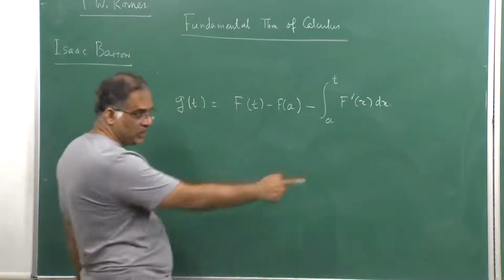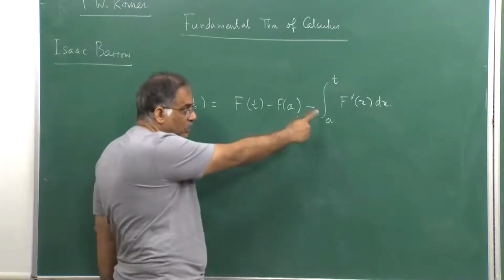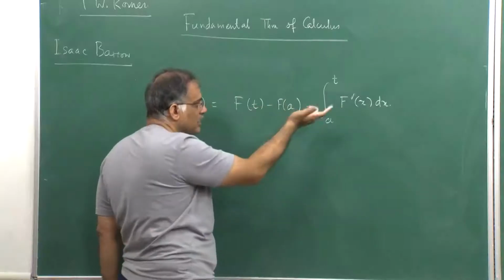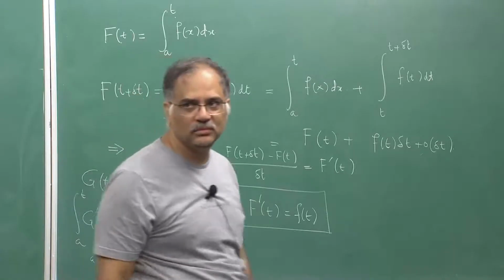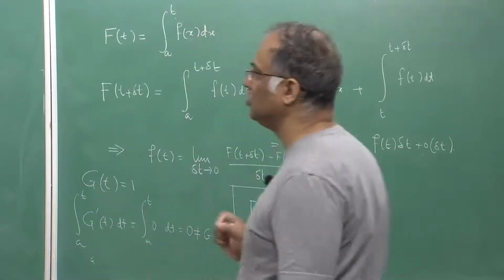Do not think, if your lesson is already learnt, that this is nothing but capital F of t, so just cancel out, this is g of t is minus F of a. This will be immediately a wrong conclusion.